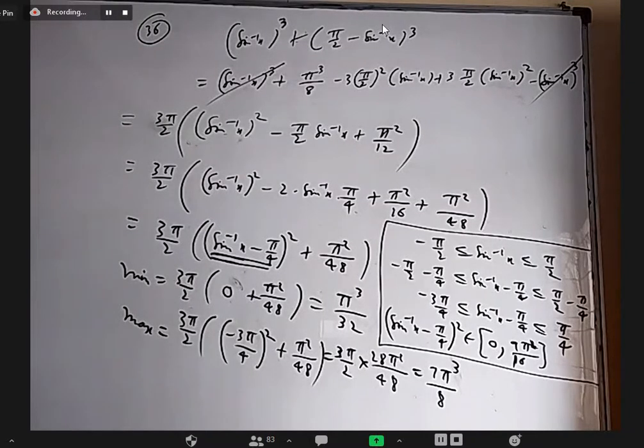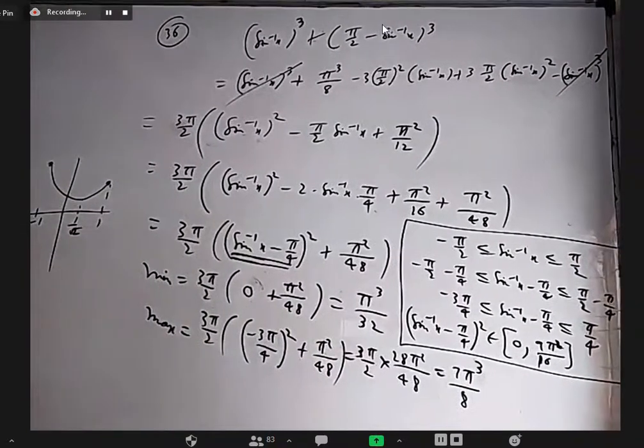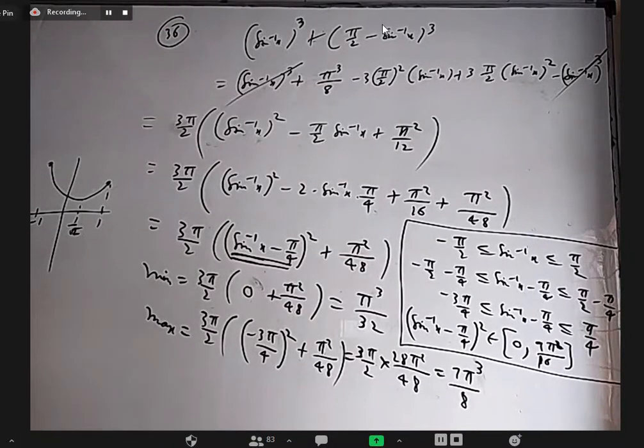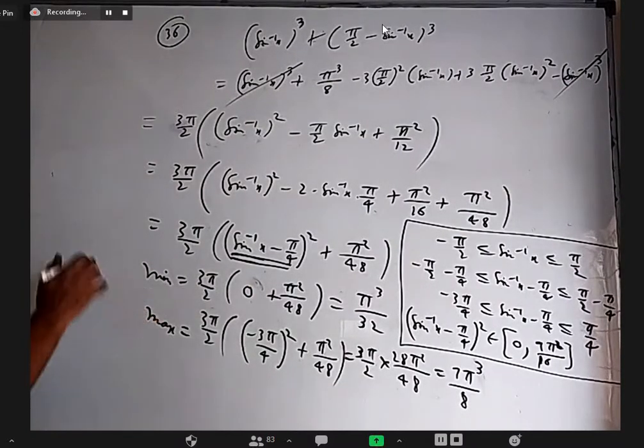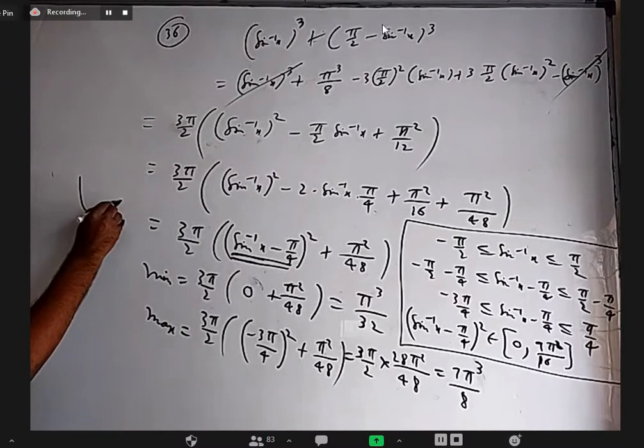Anyway, I can give you some rough idea about the graph. Don't worry about how the graph came based on this explanation. This is the graph of this function, the total question. Oh, sorry, you are not able to see that. Okay, the overall graph of the original function as x changes will be somewhat like this.